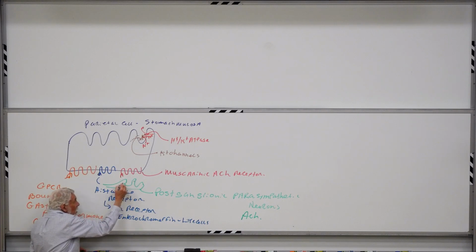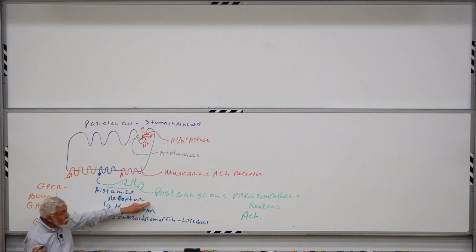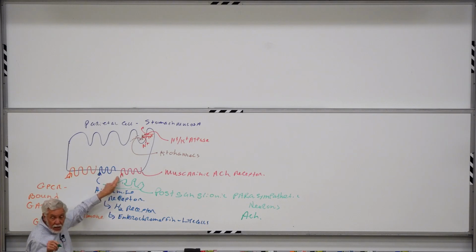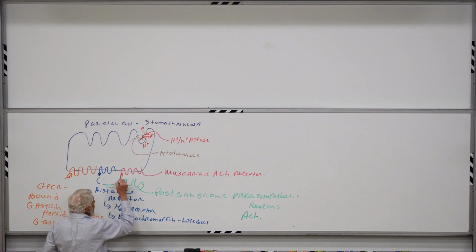When these post-ganglionic parasympathetic neurons, which of course are part of the rest and digest system, very similar to the post-ganglionic parasympathetic neurons that release acetylcholine onto the acinar cells in the salivary glands, when they bind to this receptor, they start a cascade.